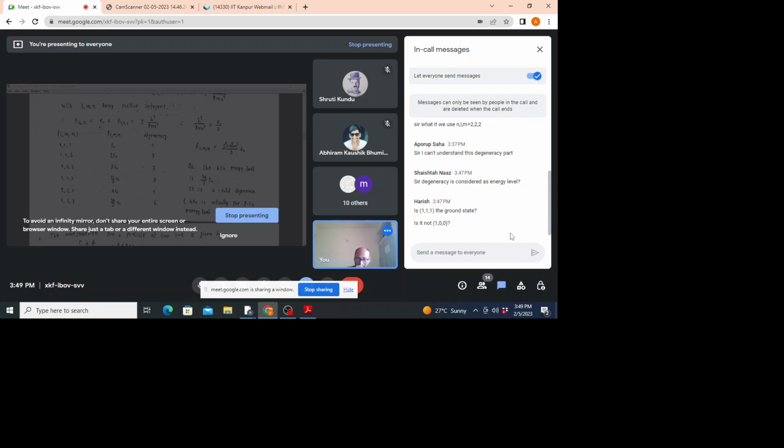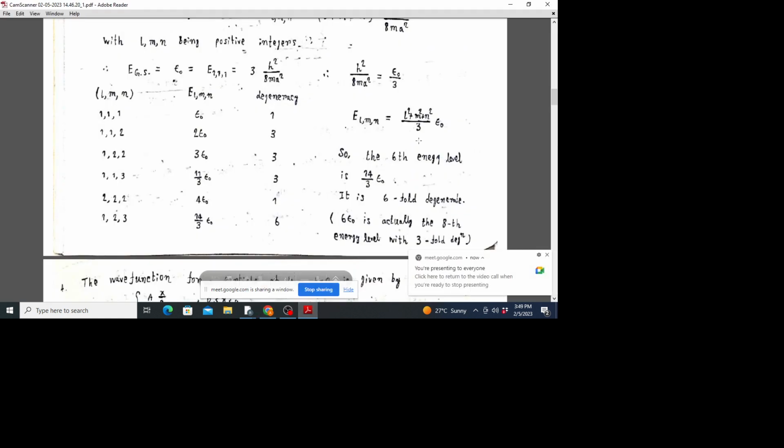So is it not 110? You see, if you take n and m to be 0, the wave function will automatically be 0. That is why we take 1 1 1.